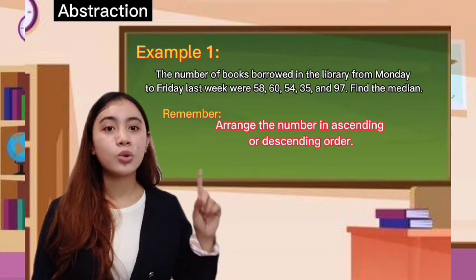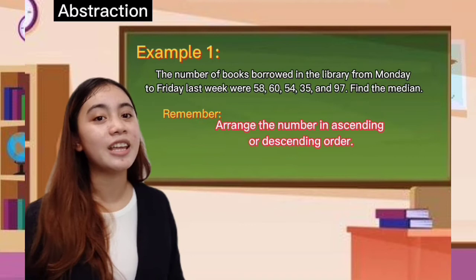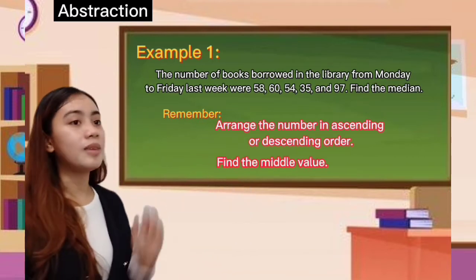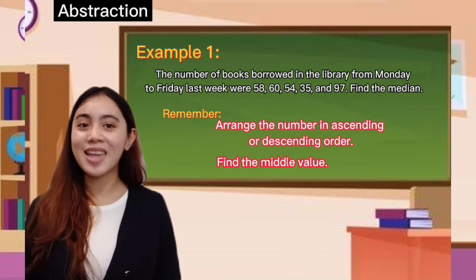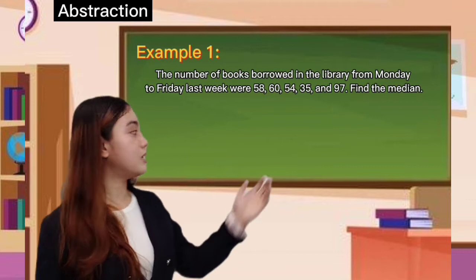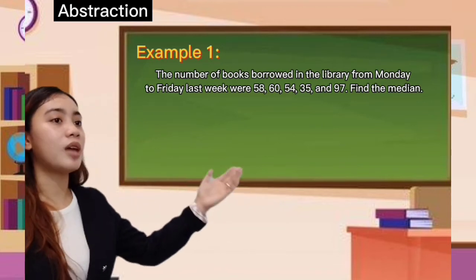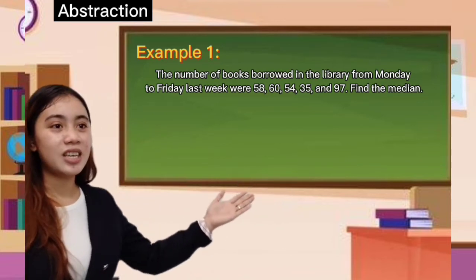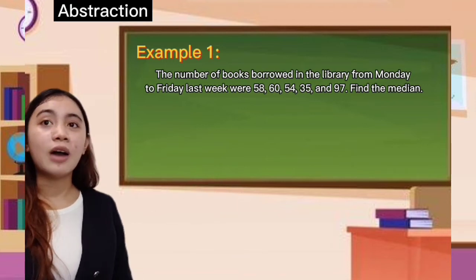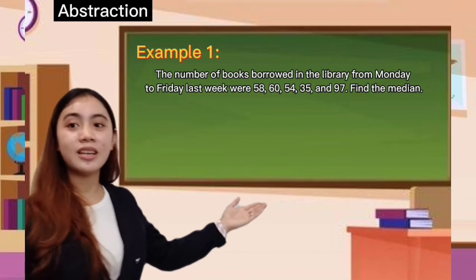First, we are to arrange the numbers in ascending or descending order. Then, we are to find the middle value. Am I understood, class? Okay, so what are the values given? Yes, we have 58, 60, 54, 35, and 97. Now, we can arrange the numbers in ascending order.